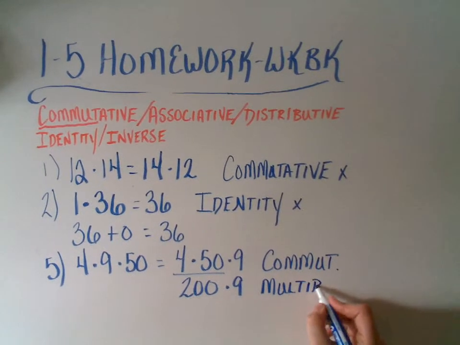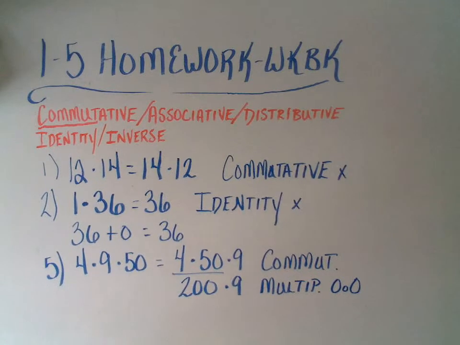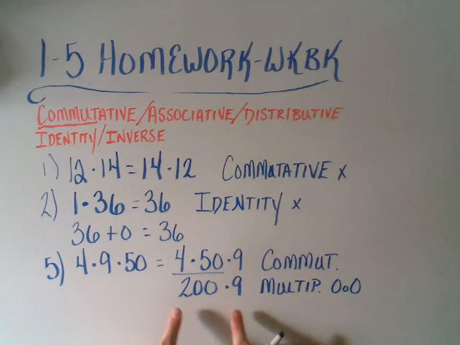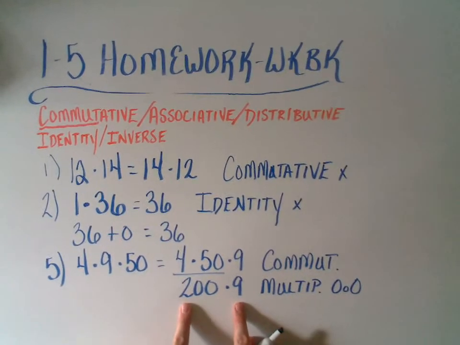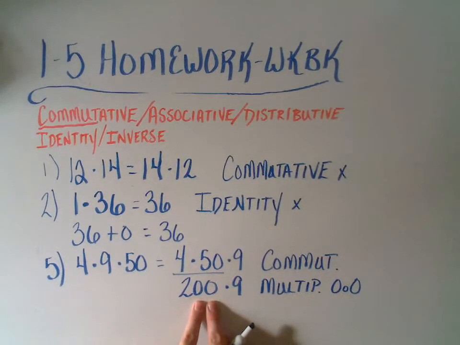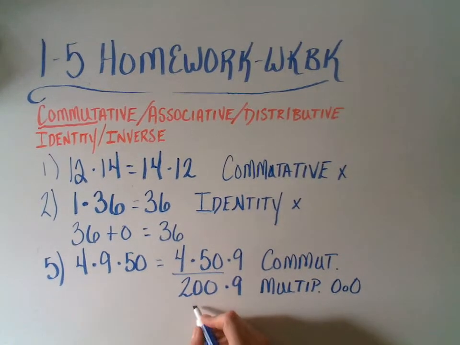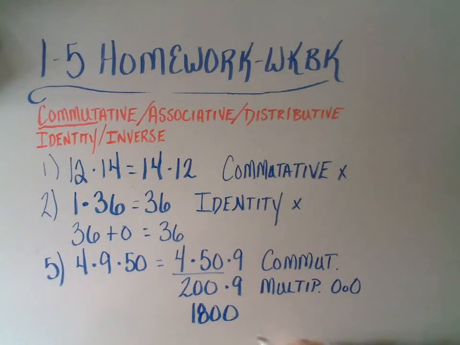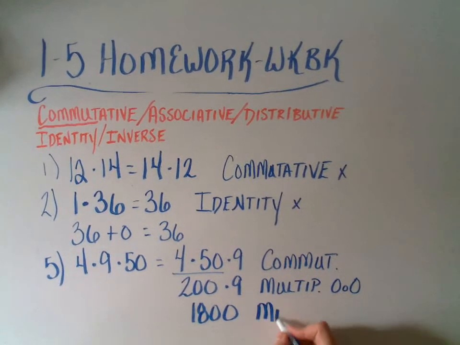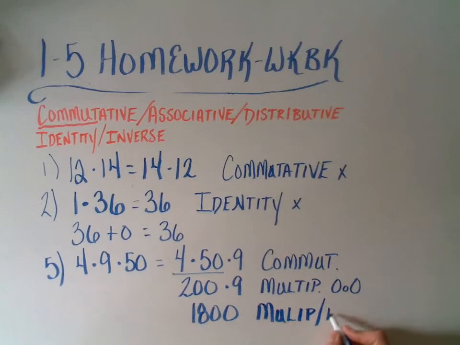Ooh, good. I used the order of operations that we just saw yesterday. Order of operations. So now I've got 200 times 9. Well, remember, the reason this is nice is all I have to do is 2 times 9 and then tag on 2 zeros when I'm done, and I will have solved the problem. 2 times 9, that's a lot easier. That's 18. Tag 2 zeros on the end is 1800. And again, why? I multiplied, and yeah, I used the order of operations, but that's also my result.